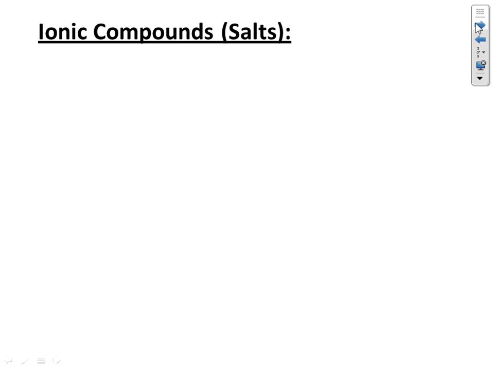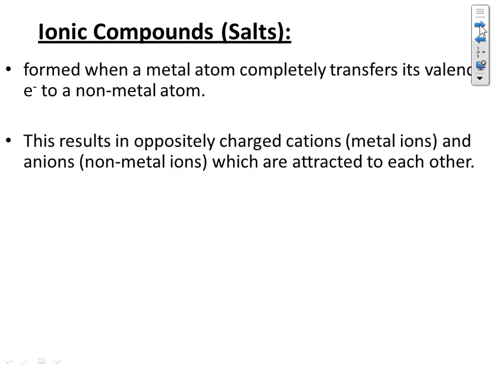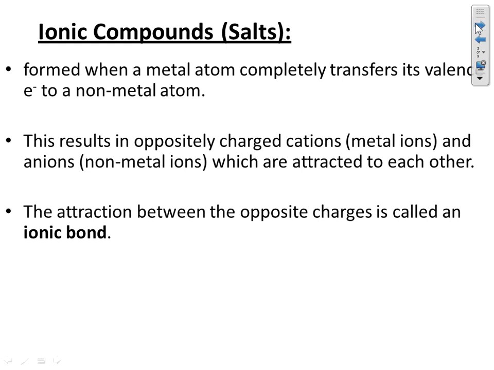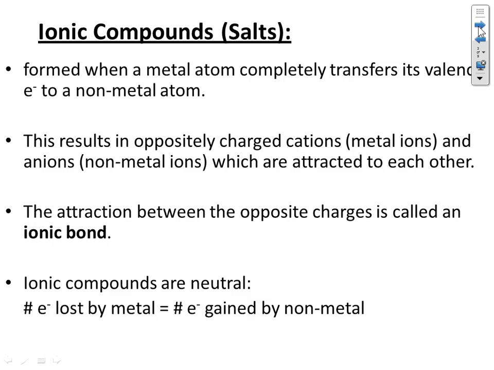All right. So let's write down what ionic compounds, which we call salts, are. I'm going to bring the whole thing in. Again, you can pause so that you can write this down. For now, I'm just going to go through it, and then when I'm done, you can pause and write it down.